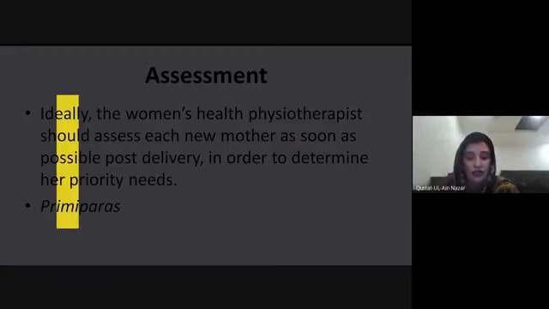Awareness of needs proportional to mode of delivery is very important. So basically, women's health physiotherapy plays a major role in planning the assessment plan for postnatal mothers.